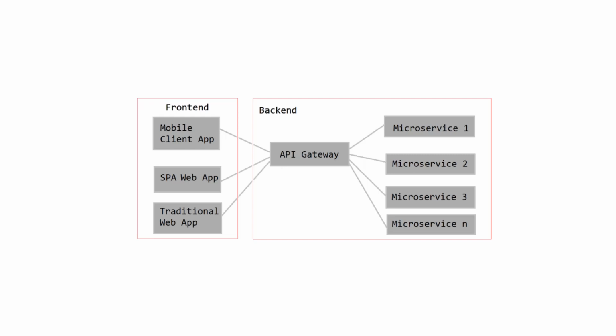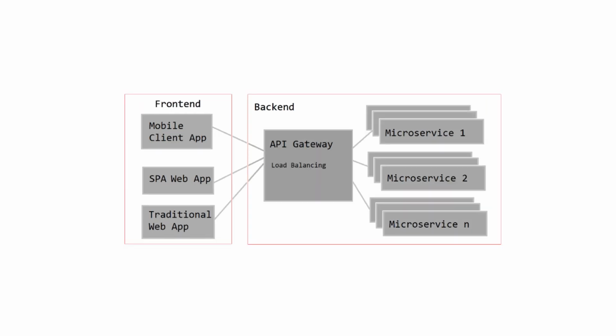In real-time applications, we run multiple instances of the same service in order to achieve high availability. In that case, this API gateway can act as a load balancer, sharing the load across the different instances of the microservices.